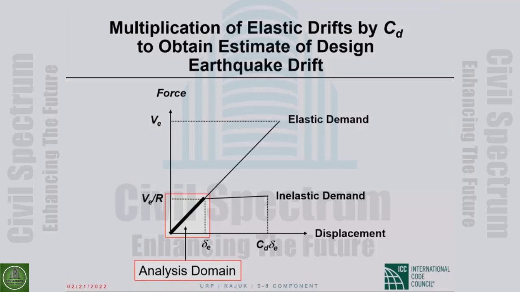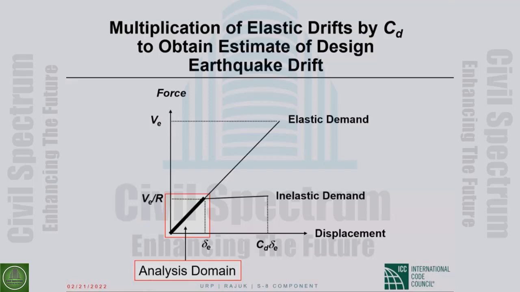And we analyze our structure elastically under that shear, distributed according to the height of the structure in the manner described by the code. The corresponding displacements at the various floor levels are delta sub E, as we just saw and discussed.